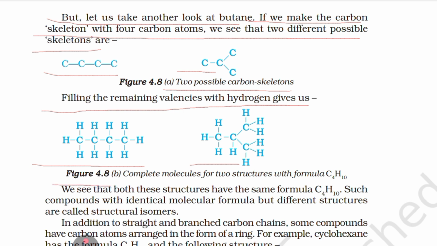Figure 4.8: complete molecules for two structures with formula C4H10. We see that both these structures have the same formula C4H10. Such compounds with identical molecular formula but different structures are called structural isomers.